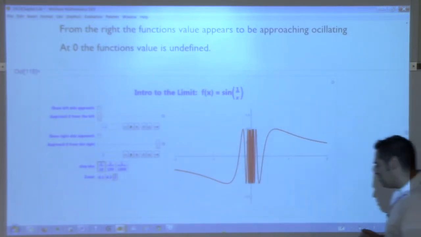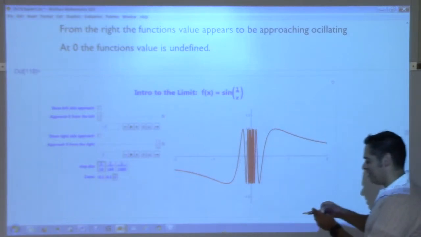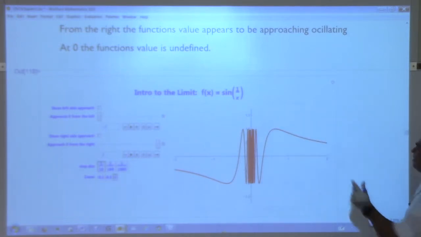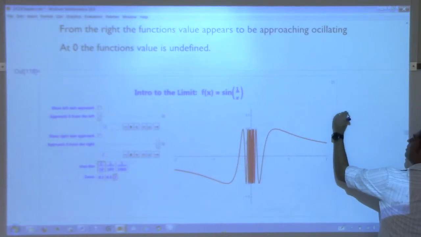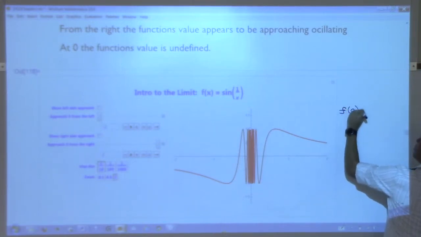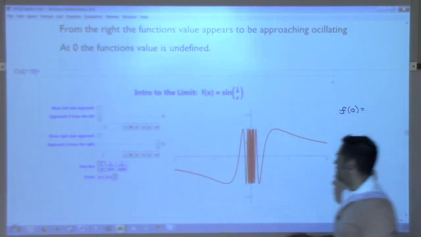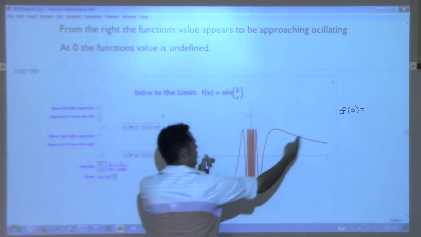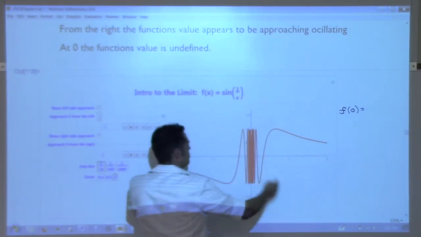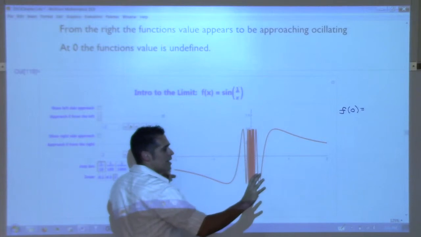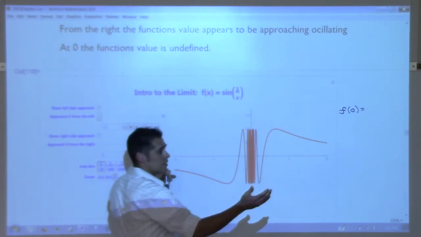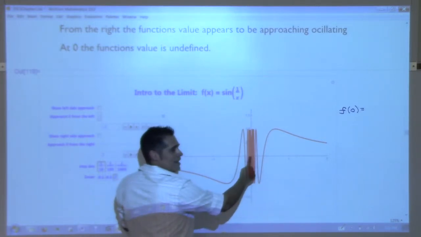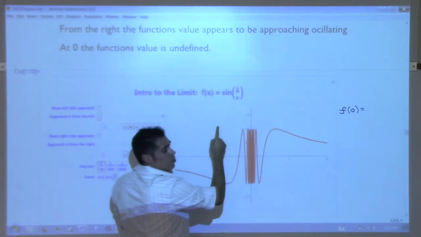James, you get to tell us what f of 0 is. And I'll give you a hint. This is 1, -1, 2, -2. So 0's here in the middle. Do you have an answer? You think it's 0? Okay, look at the function though.